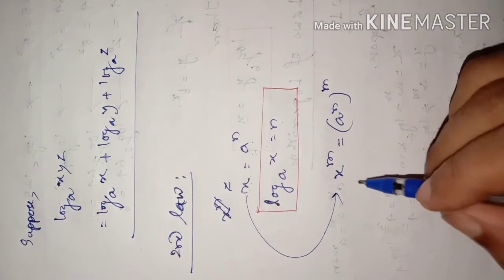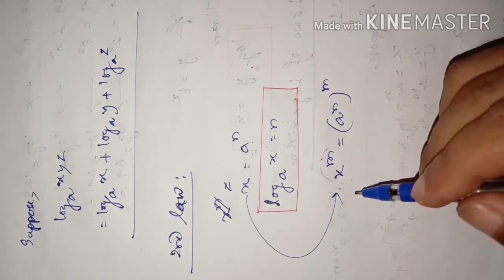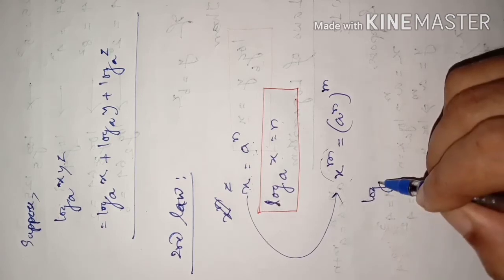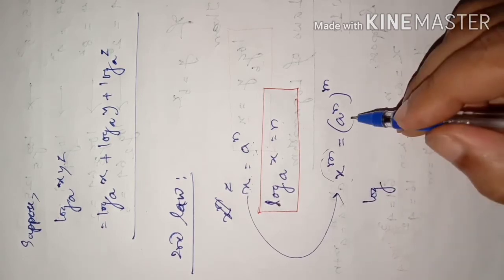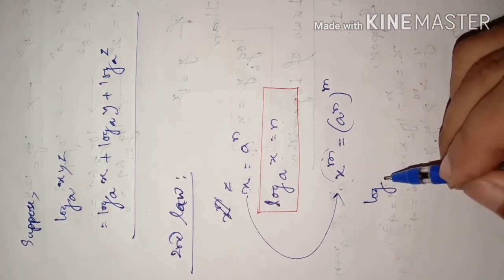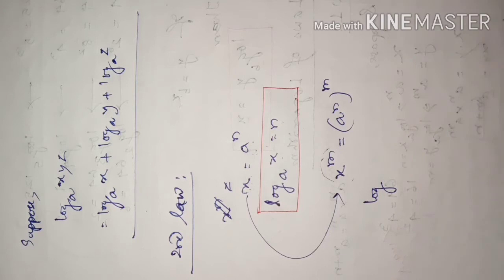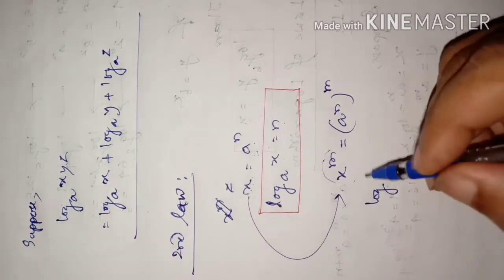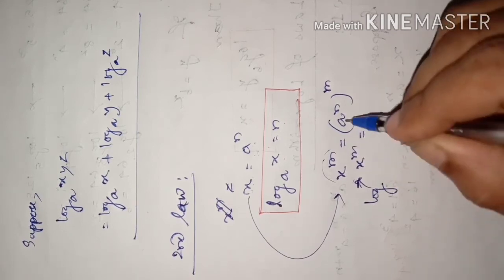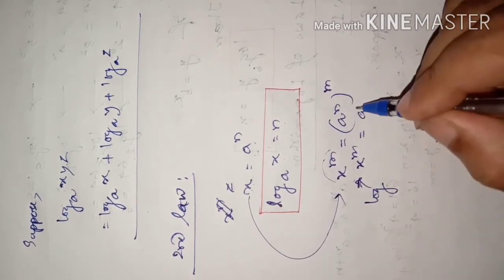Before that, one more line: x to the power of m is equal to a to the power of n into m, nm.